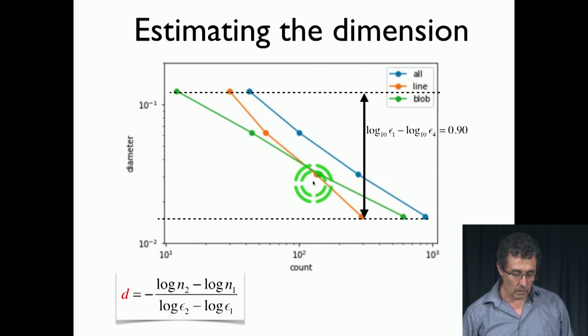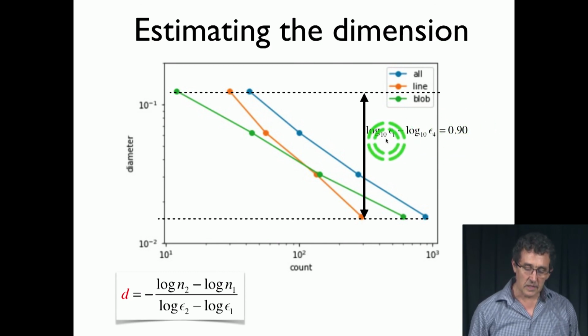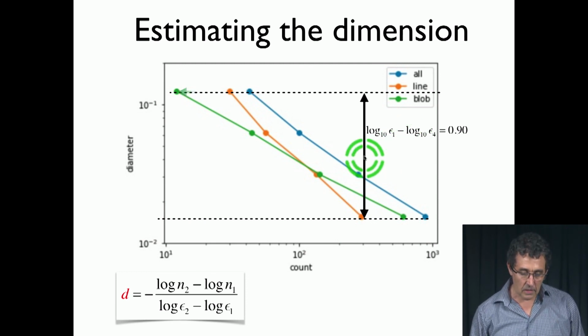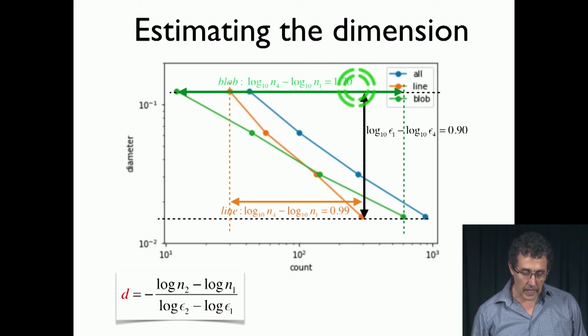We are measuring the difference in epsilons between the two extremes. So that's log 10 of epsilon 1 minus log 10 of epsilon 4, equal to 0.9. We can use log on any base as long as we're consistently using the same base everywhere. And then for the vertical axis, we're seeing that the blob has a difference between log n4 and log n1 of 1.7. The line has 0.99.